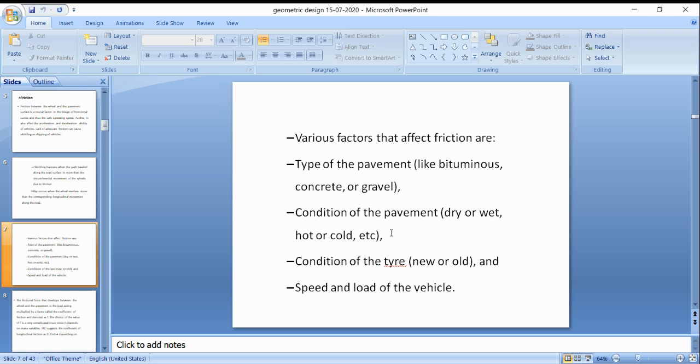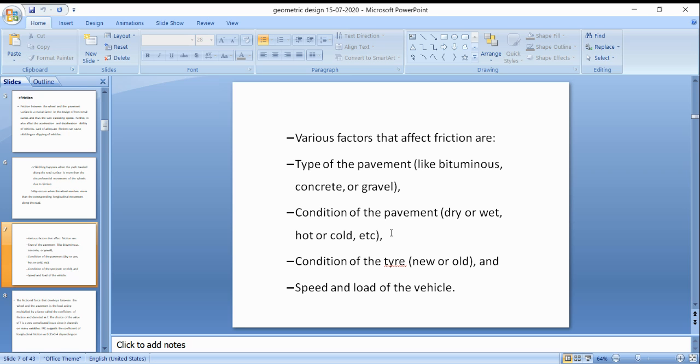So the friction depends upon the type of pavement also. It depends upon the weather condition, the condition of the pavement also, and it depends upon the tire condition, whether it is a new tire or old tire, and also the speed and load of the vehicle. So the friction depends on all these different categories.